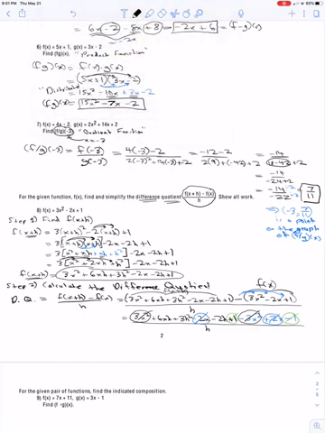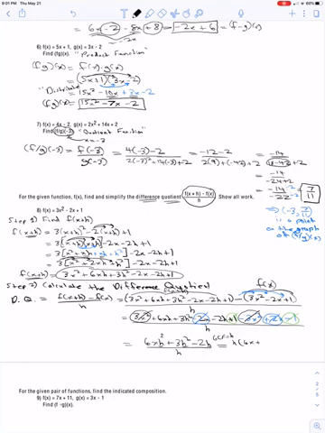So my difference quotient, all I'm left with in the numerator is 6xh plus 3h squared minus 2h, all divided by h. And then I'm going to go ahead and factor out the h. So my greatest common factor, right, we've got an h in all three terms. I'm going to go ahead and factor that out so I can divide out the common factor. We're left with a 6x.